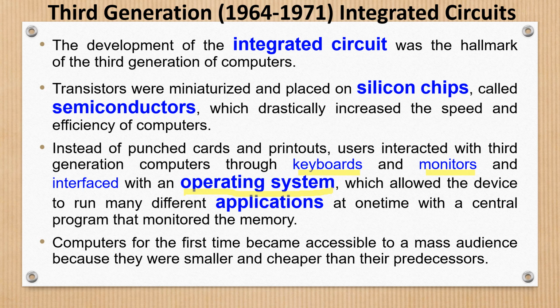So in the third generation, the integrated circuit concept was implemented, and keyboard, mouse, and operating system were implemented. If we talk about their size, it is smaller than the second generation systems, and the cost is also low.